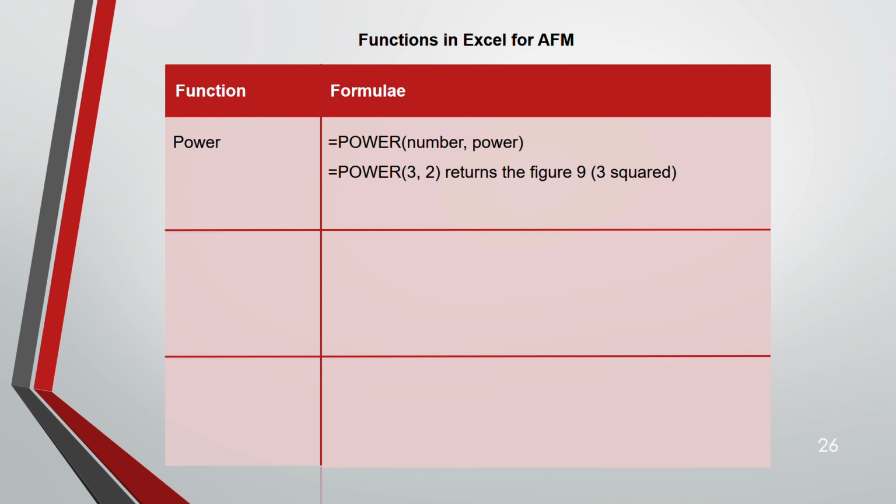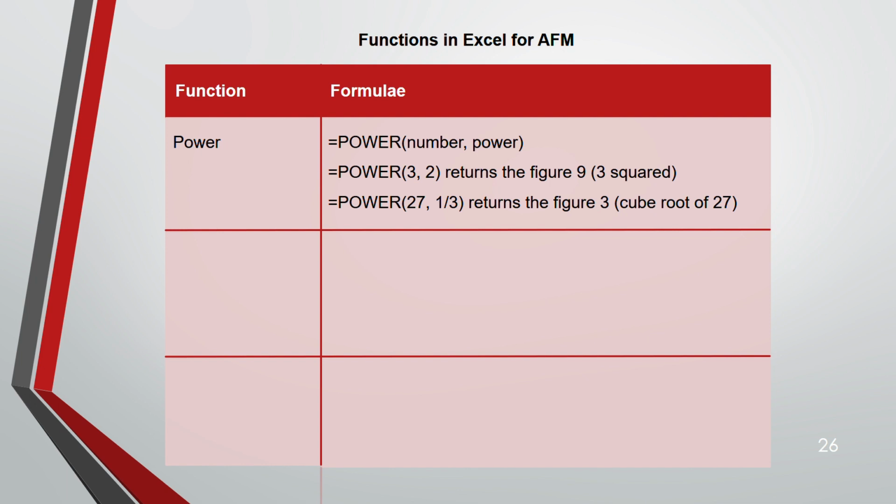Power should be the last, after the comma. Number, then power. It should not be the other way around. Otherwise, Excel will not perform it correctly. If you want to show 3 to the power 2, you first have to write 3 and then the power, that is 2. You cannot write 2 first and then 3. So 3 to the power 2 will give you 9. That is 3 squared.